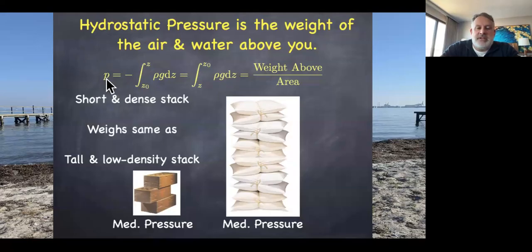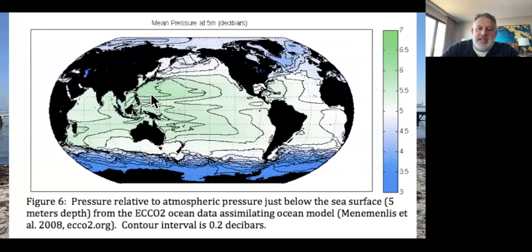And so the pressure we're talking about is really the weight above you divided per unit area. So what we mean here is that if the height is elevated, it means we got more water on top of us. We got heavier stuff on top of us, and that's why the pressure is higher than 5, what you'd expect at 5 meters.